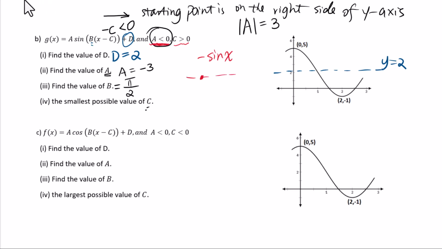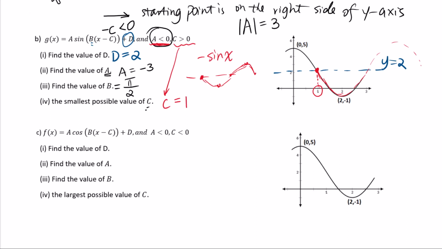Start from the midline, go down, go up, then go down. So the pattern is like this. From the midline, this is the starting point. We need to find this x coordinate. Since c is positive, we get c equals positive 1.